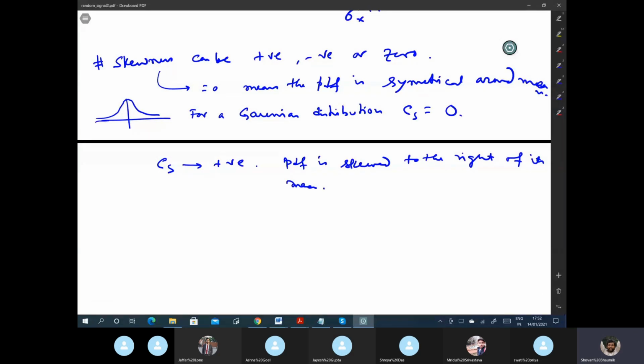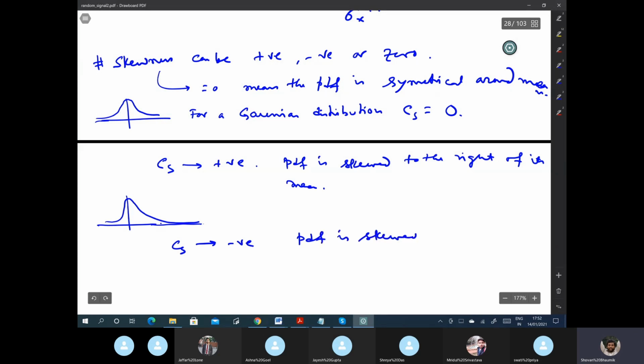So if I draw some distribution like this, that means it is skewed to the right of its mean, that means it is positive. Negative is just the opposite. It means the PDF is skewed to the left of its mean. Okay, this is the physical interpretation.